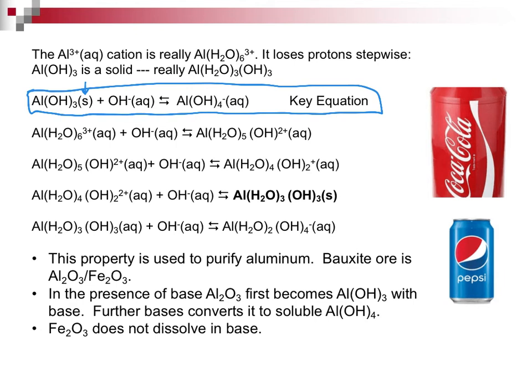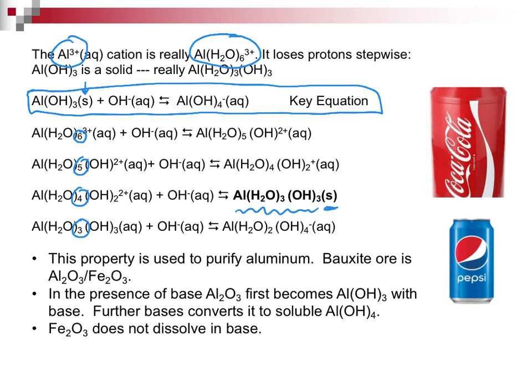To explain it, aluminum Al3+ is really Al3+ with 6 waters around it. So what happens is we go from 6 to 5 to 4 to 3. And what happens when we hit the 3 waters around aluminum, we have a solid.